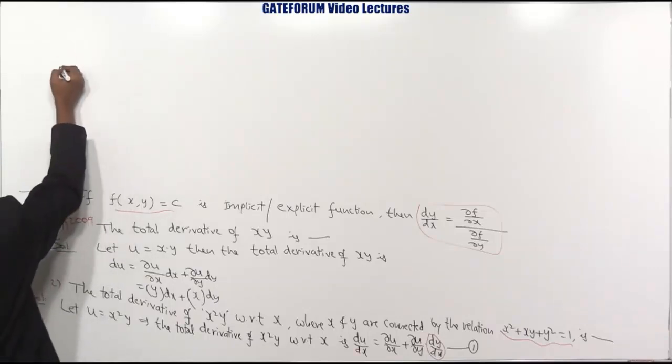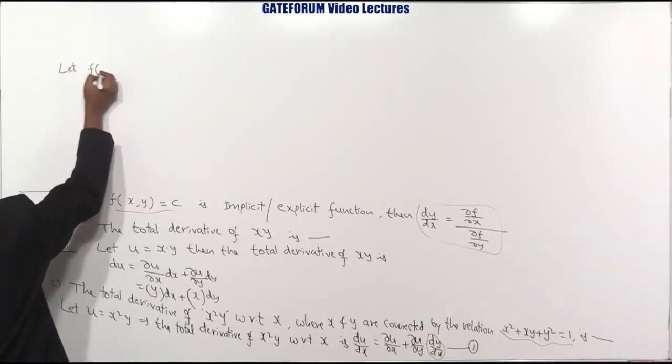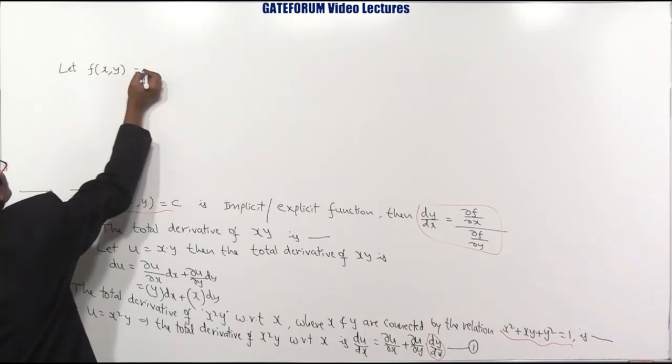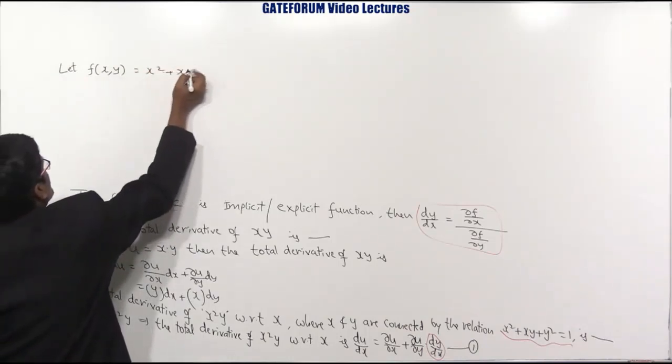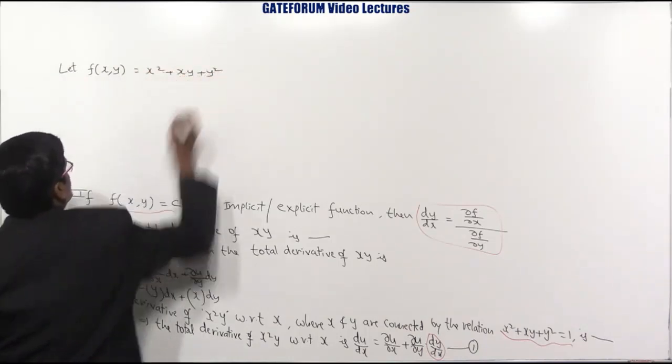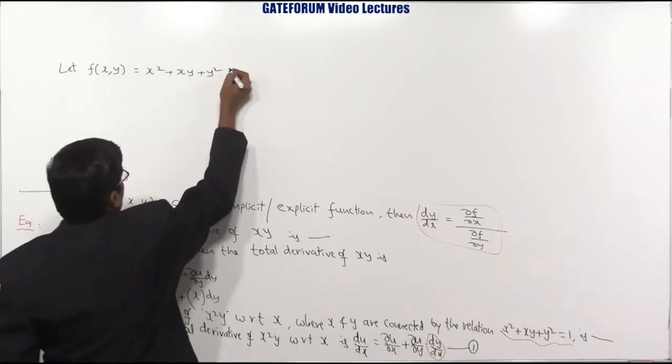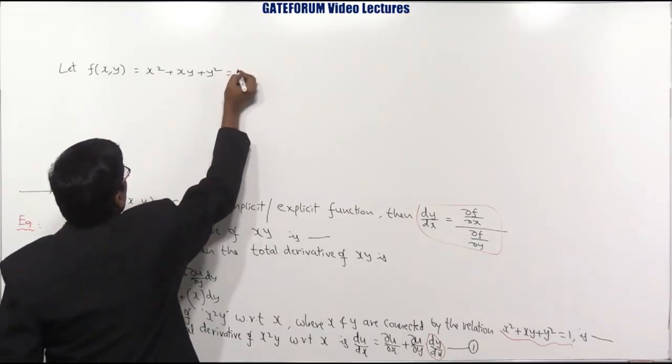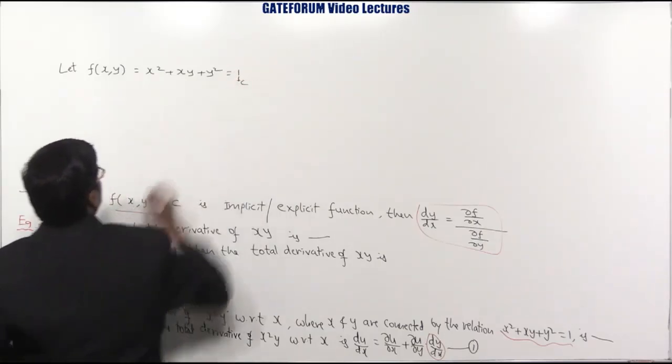Now, let f of x comma y is equal to x square plus xy plus y square, equal to 1. So this 1 is denoted by c.